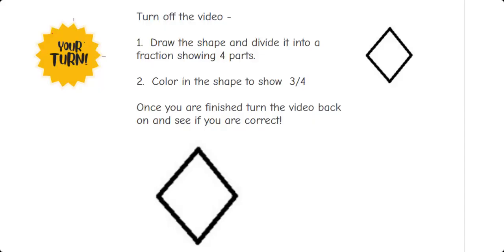This time, I want you to draw the shape and divide it into a fraction showing 4 parts, but look at number 2. It also says color in the shape to show 3/4. So can you show me what 3/4 looks like after you divide your shape? Color in 3/4 to show that fraction. There are 2 different ways you could have divided this shape.